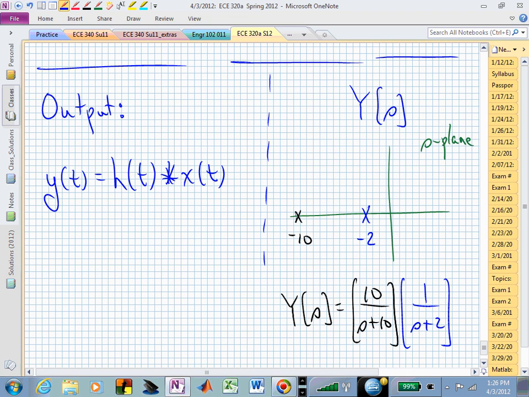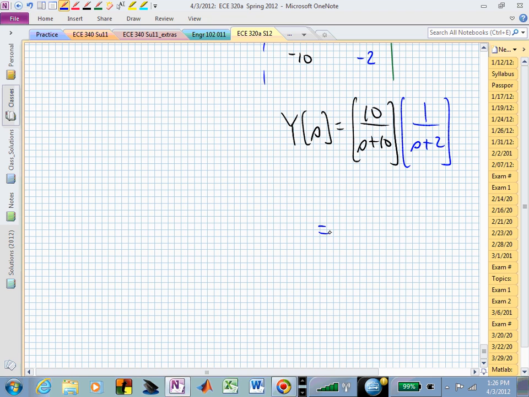You now know if you did this, you're going to have the structure that looks something like that. And I hope if I did the numbers right, I end up with 10 over 8. And actually, let me go ahead and put my minus sign here. I have 1 1/4 over s plus 2 minus 1 1/4 over s plus 10, if I did the partial fraction expansion correctly.